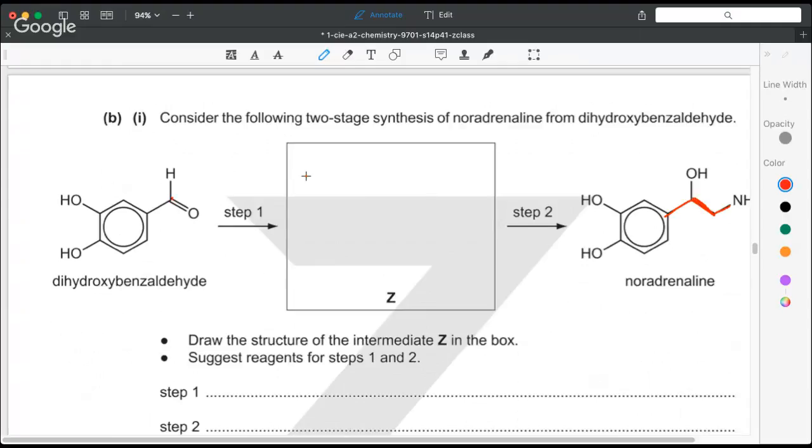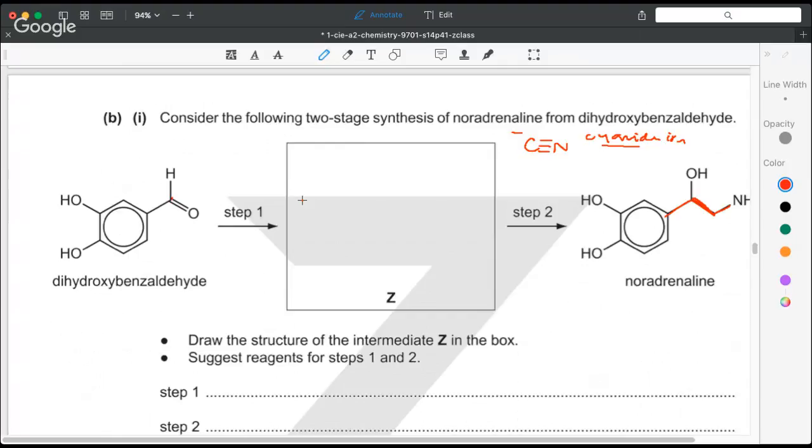The reagent that you use for adding a carbon to a chain is a nucleophile, isn't it? Which is cyanide ion, yes? It's the nucleophile you can add to extend a carbon chain.